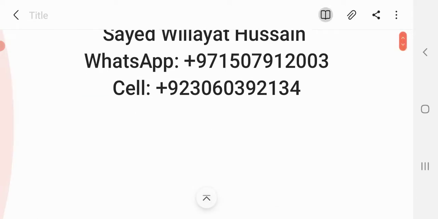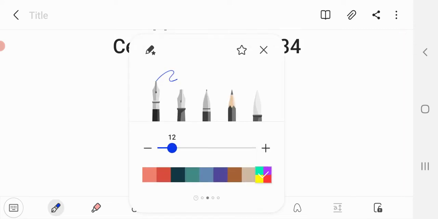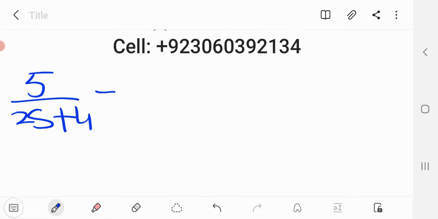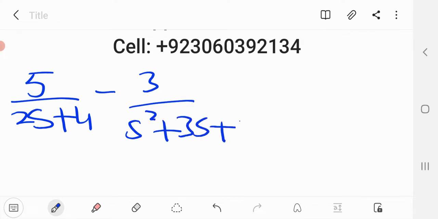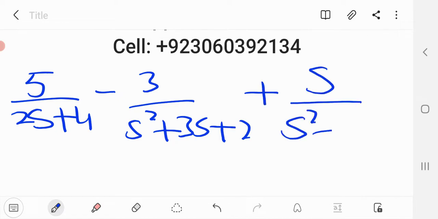So the first algebraic expression is 5 divided by 2s plus 4, minus 3 divided by s square plus 3s plus 2, plus s divided by s square minus s minus 2.